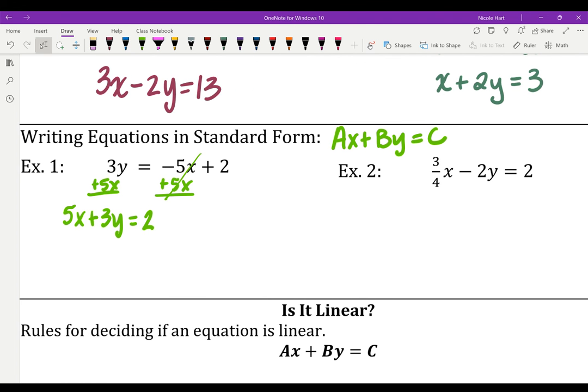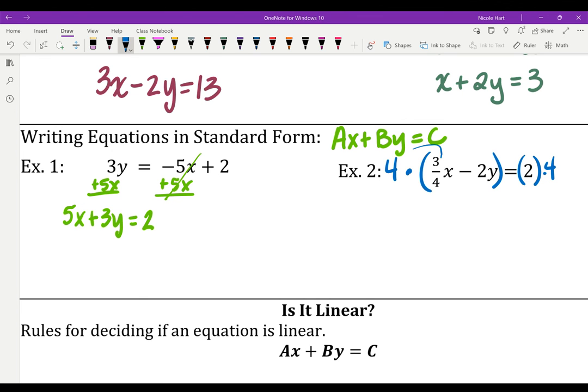Looking at example 2, I have a fraction at the front. I cannot have a fraction. We want nice whole numbers. So what we might need to do is get rid of the bottom part of the fractions. The bottom part of that fraction is 4. So I'm going to multiply both sides of our equal sign by 4.